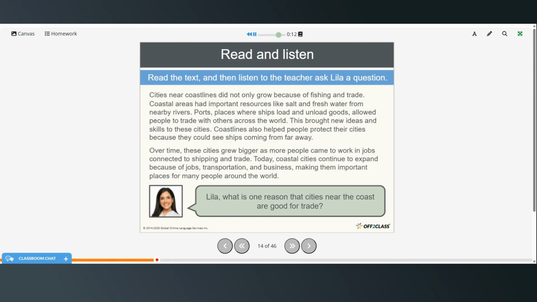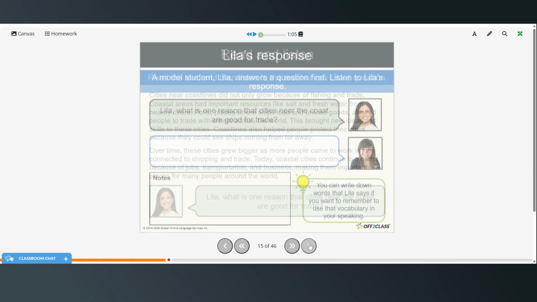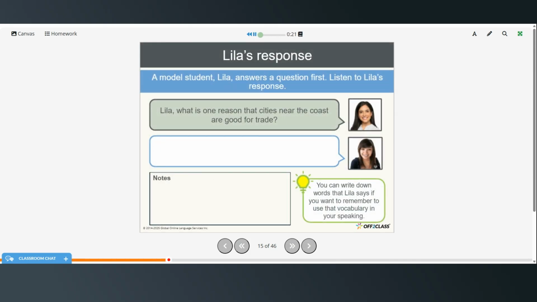Now listen to the teacher ask Leela a question. Leela, what is one reason cities near the coast are good for trade? Now listen to how Leela answers the question. Cities near the coast are good for trade because they have ports.